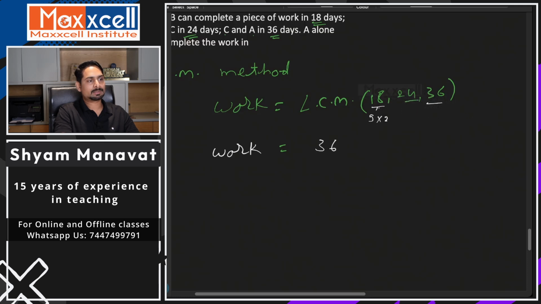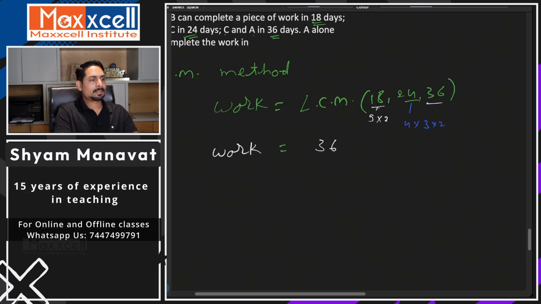Then I take the next number, 24. I can split this 24 as 12 twos, and 12 is 4 threes, so that is 4 into 3 into 2, or you can say 2 into 2 into 2 into 3.